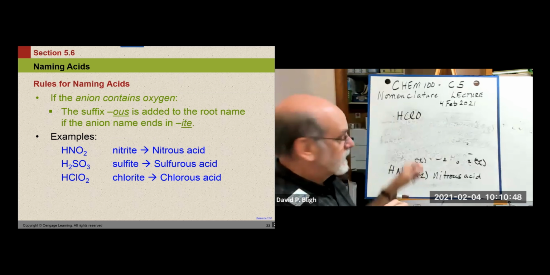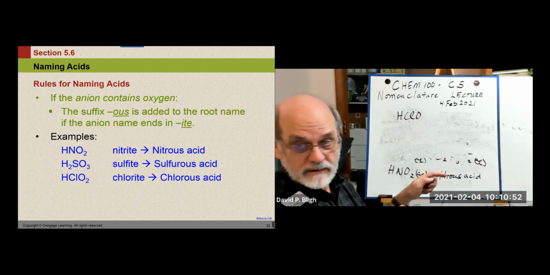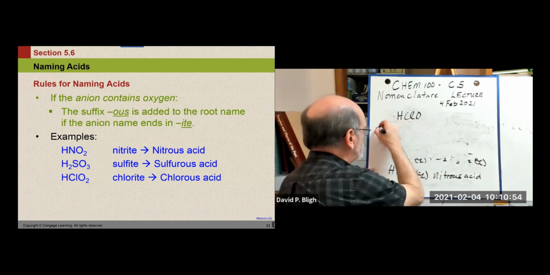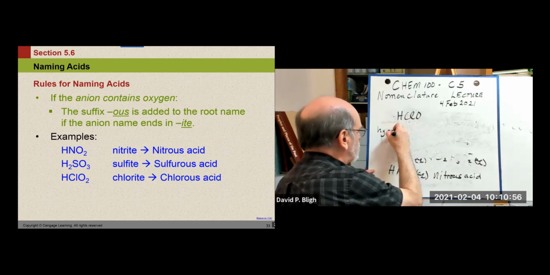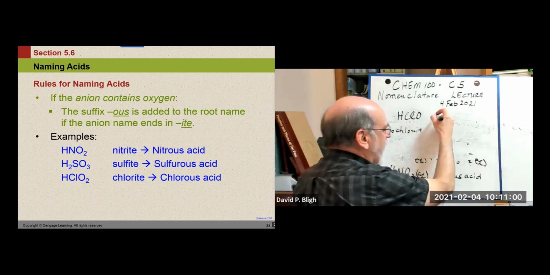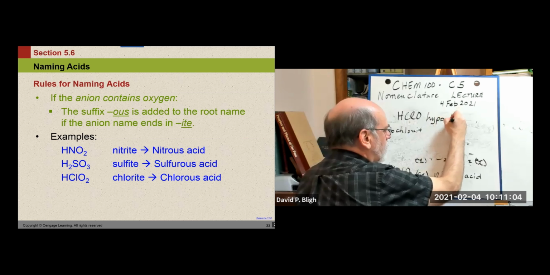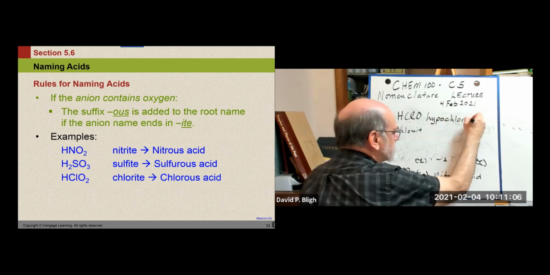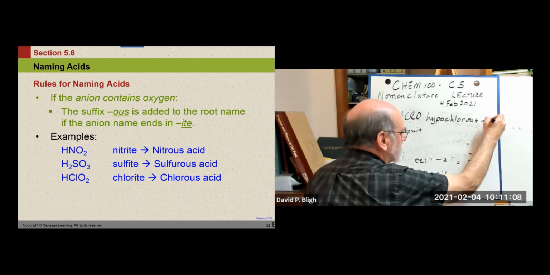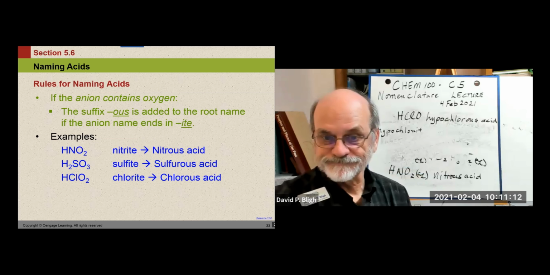That one starts out, this anion is hypochlorite. So the acid would be hypochlorous acid. Okay?